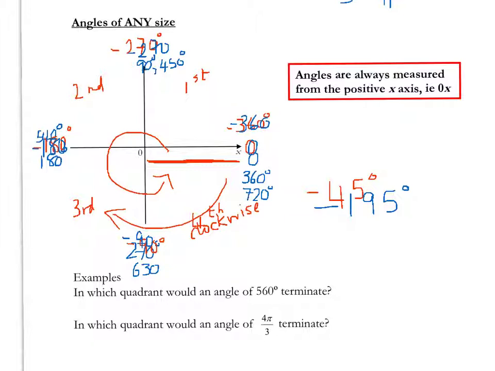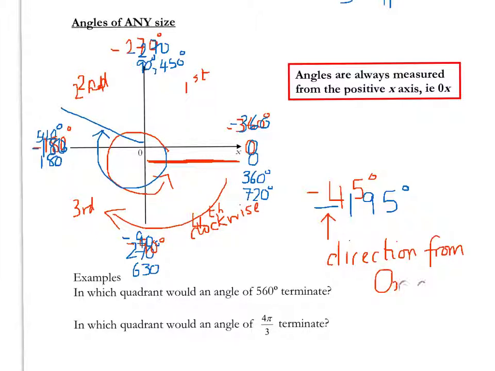So minus 195 goes beyond this 180 here, goes up slightly, so we're looking for 15 degrees beyond, so I'm measuring from there round, so it's going to be in the second quadrant, and so on. So this minus sign tells us the direction from the OX axis. And that I can't emphasise enough, that's really important when we're going to solve equations.